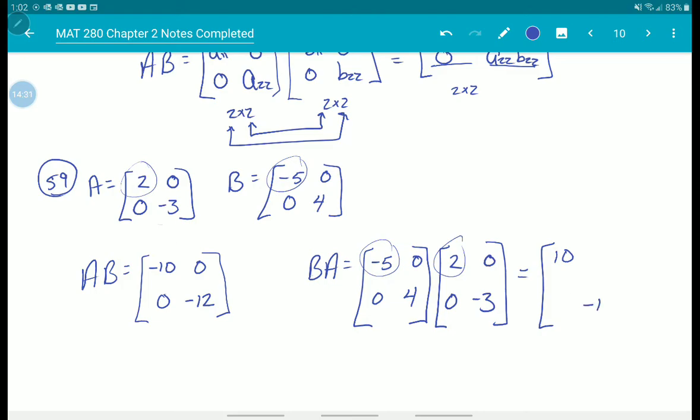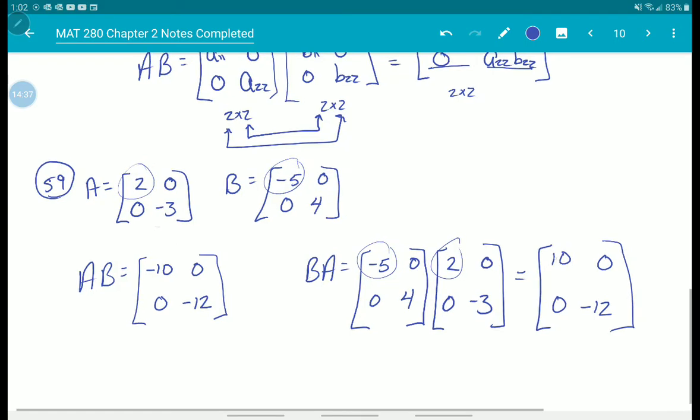And then we're going to have a negative 12 in that bottom right corner. So you can see how we ended up with the same thing, AB or BA. So, like I said, multiplication is generally not commutative. However, in this case, it will be commutative, only for diagonal matrices.